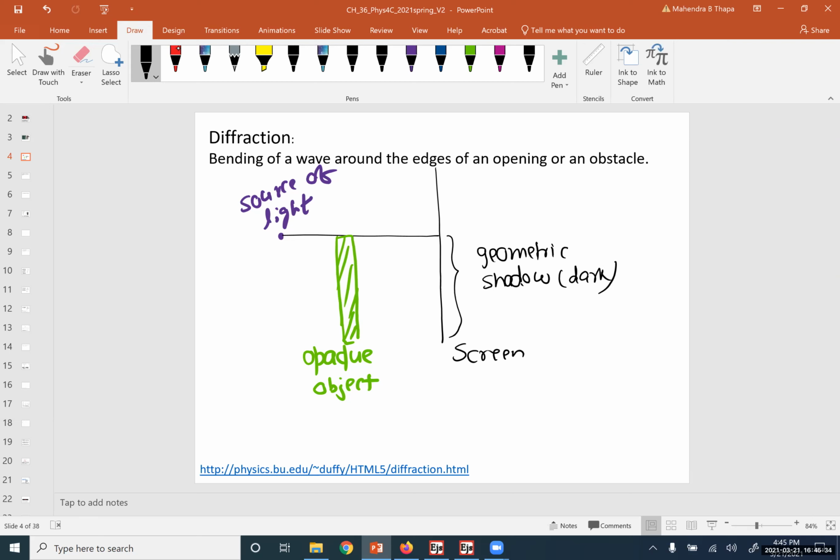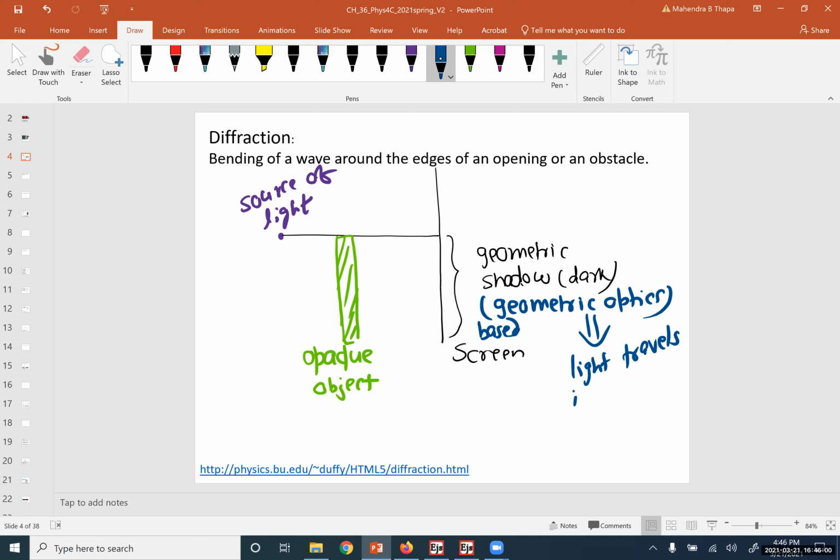This region will be completely dark, and we're considering up to this point geometric optics, because light travels in a straight line.